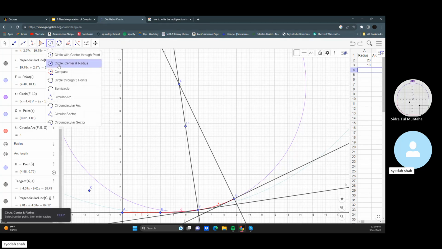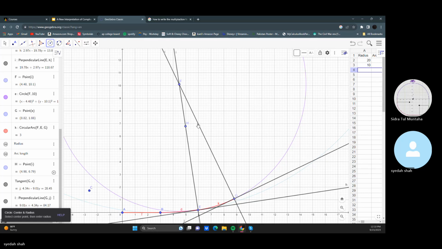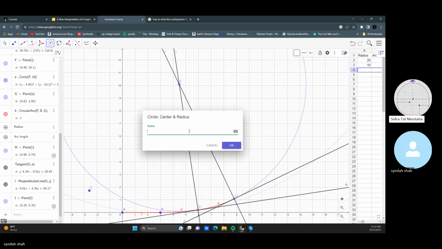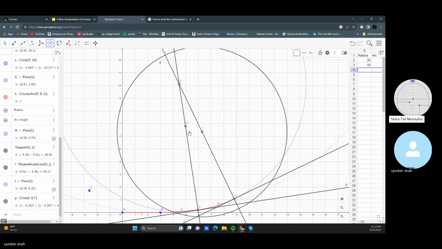Yes. Okay. And the center would be here, I guess. But you can adjust the center even after drawing the circle, but the radius must be 6.7.